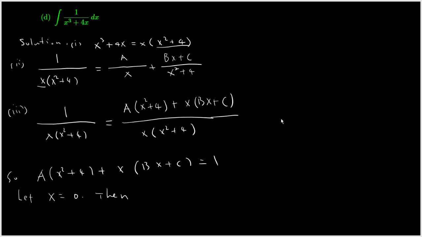You just think 0 will make the whole second term 0, right? You have 4a equals 1, which means a is 1/4. So do you see that? a is 1/4.